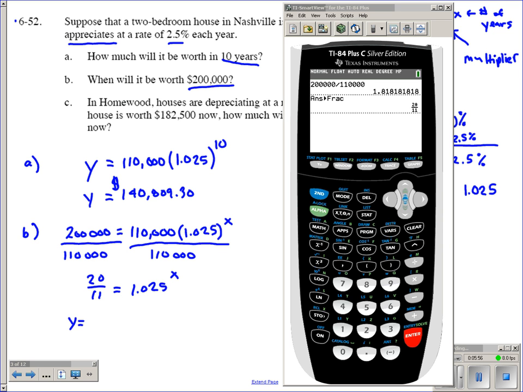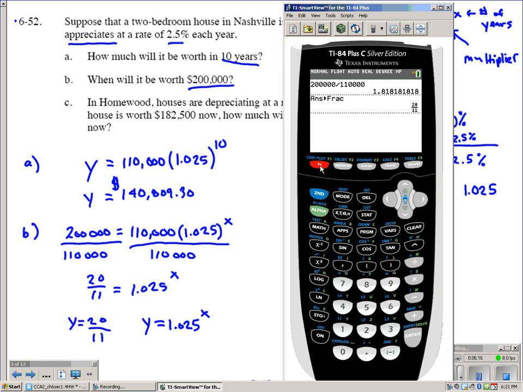Let's do y equals 20 elevenths, and y equals 1.025 to the power of x. So this one's exponential, and this one's going to be a horizontal line. We can then graph these, and our intersection point should contain our solution for a number of years.